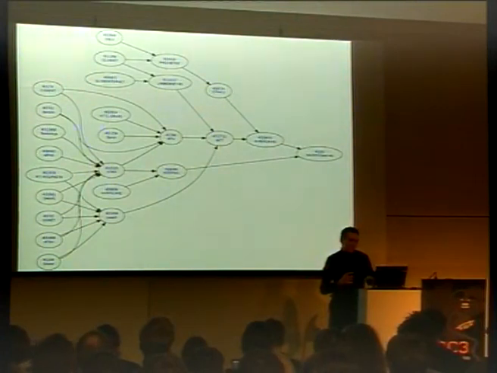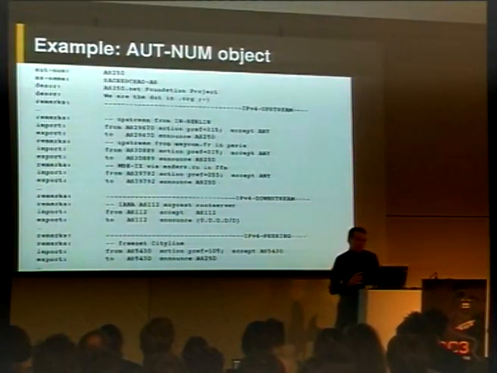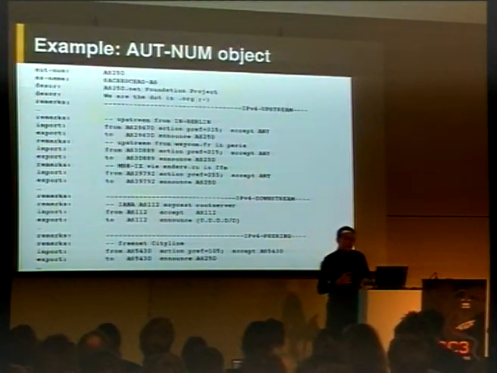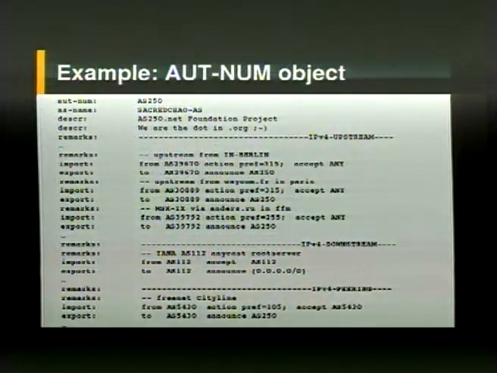For the autonomous systems, you have the aut-num object. The aut-num object is more sophisticated, as it's designed to represent a routing policy. So that's the place where I say, I am AS250 and I do peer with these people and receive prefixes from them. They are advertising, and I receive, in the case of, for example, Berlin, I accept any.